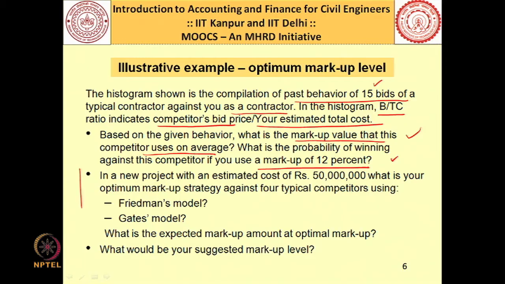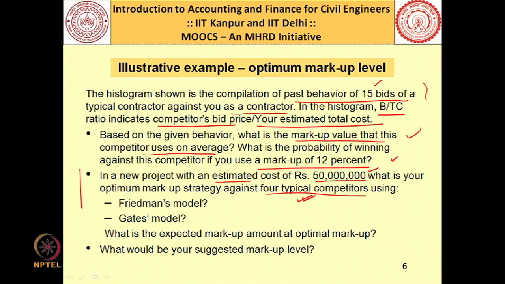Now, the next question is, in a new project with an estimated cost of this much, what is your optimal markup strategy against 4 typical competitors? So, it is saying that you are quoting for a project which has an estimated cost of 5 crore. How much markup percentage will you apply if you are quoting against 4 typical competitors?